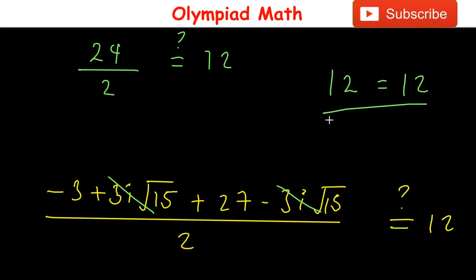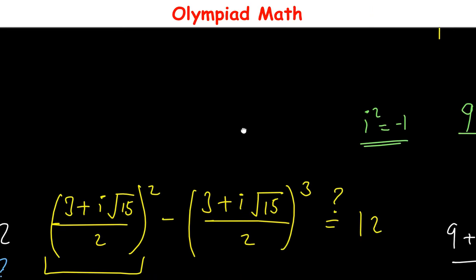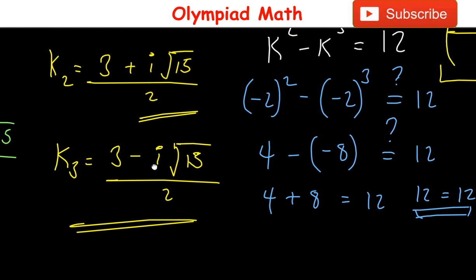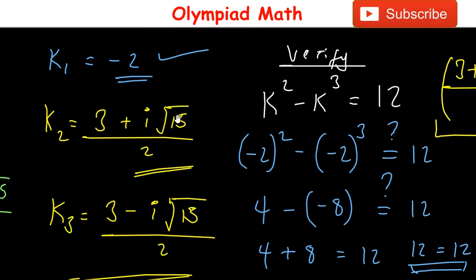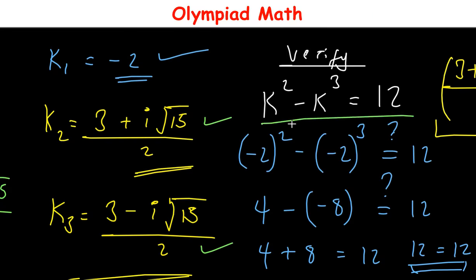So since they equal each other, this means that the value of k that we got as 3 plus i times root 15 over 2 is also the correct solution for the given question. Same thing also, if we try this for k3, we'll get the same answer. So the three solutions are the correct solution for the given question.